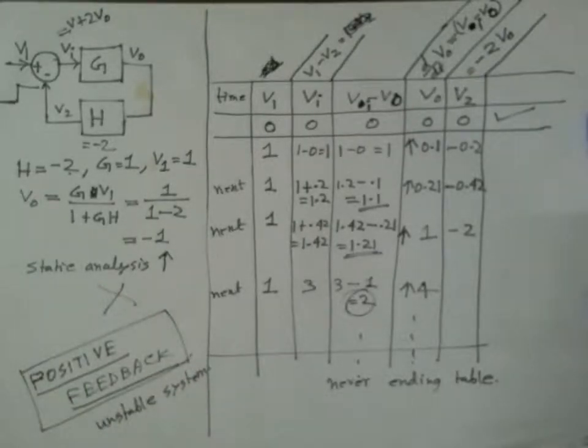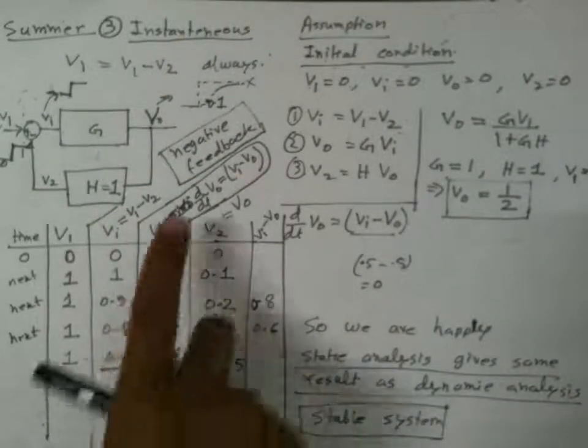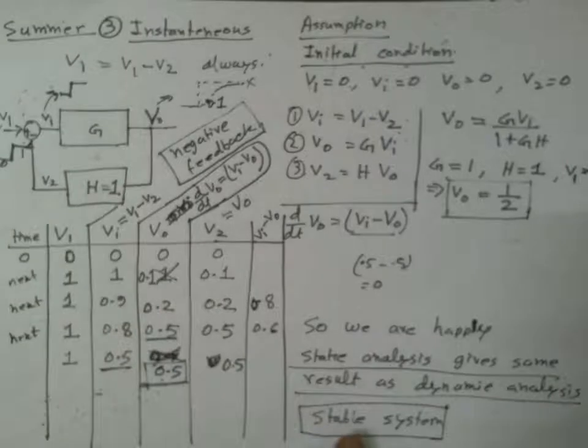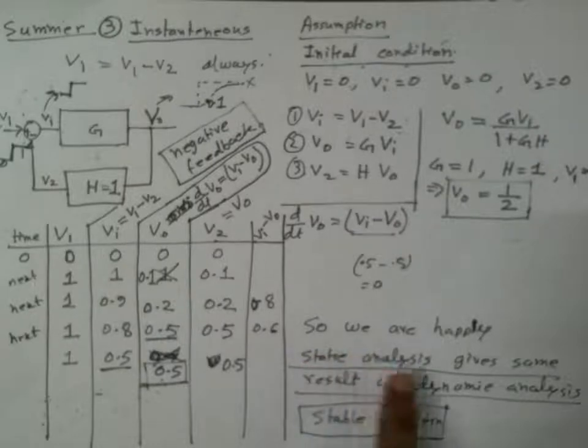Whereas in the other situation, if you recall, we saw that the feedback was negative and the system is stable. It finally lands to a value which was also consistent in this example with the static analysis.